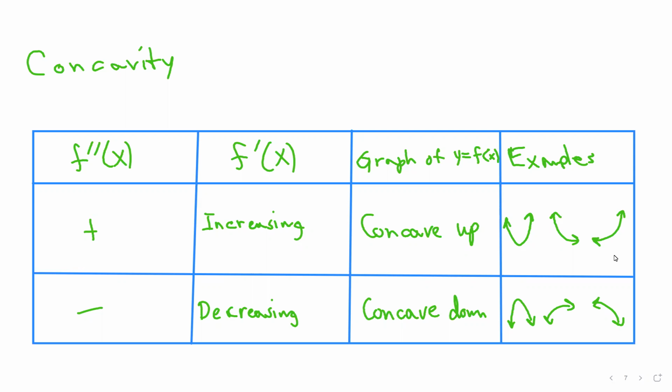You would also look at f double prime of x being negative, indicating that f prime of x is decreasing, which indicates that the graph of y equals f of x is concave down. You would have situations like negative x squared, where it's pointing down for that kind of shape. And then you could also have something like the ln of x function, which is increasing but still concave down.